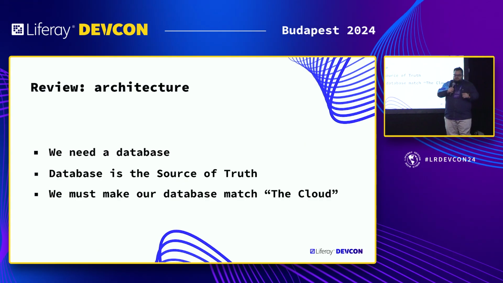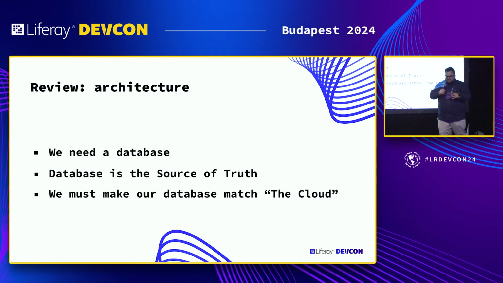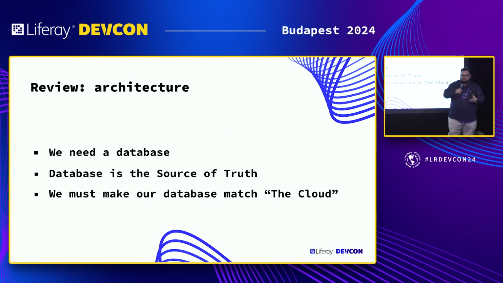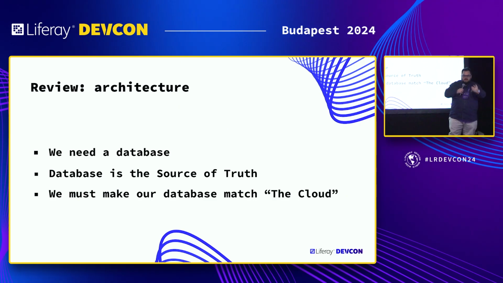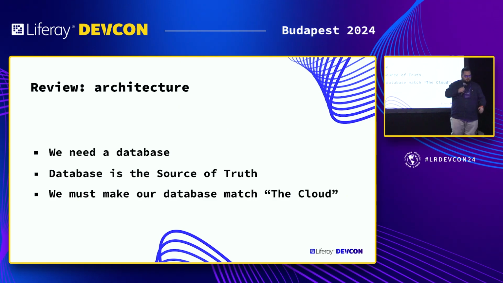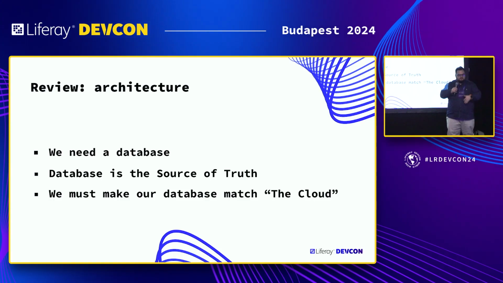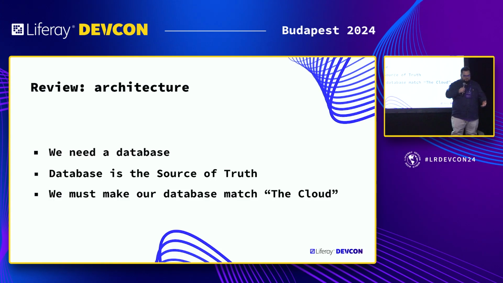And one of the things that we must ensure when we put a cache in between is that the source of truth is in sync, is correct, has the correct data. Otherwise, you will be reading outdated data from there, right? So we must make sure that our database reflects what's in the cloud. It matches the cloud state, right?